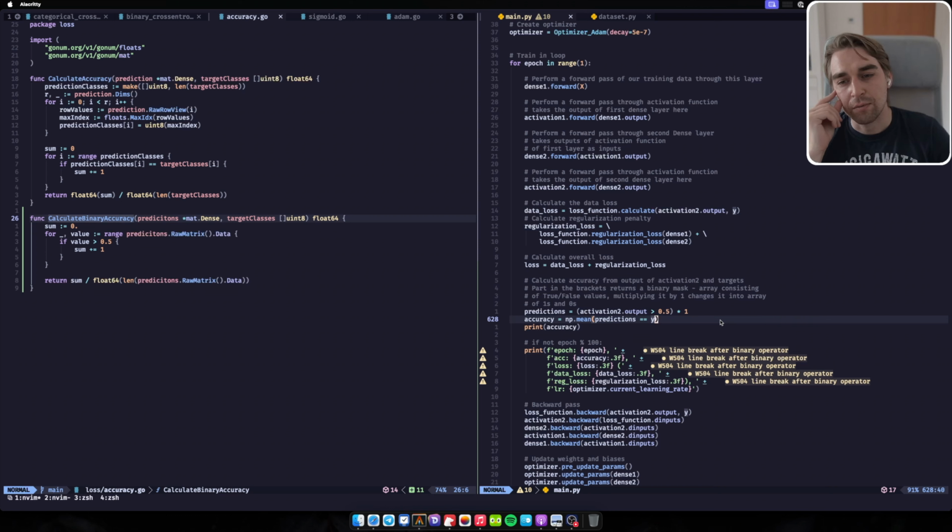Calculate accuracy from output of activation 2 and targets. Oh, okay, so wait, okay. So this is actually fully incorrect.